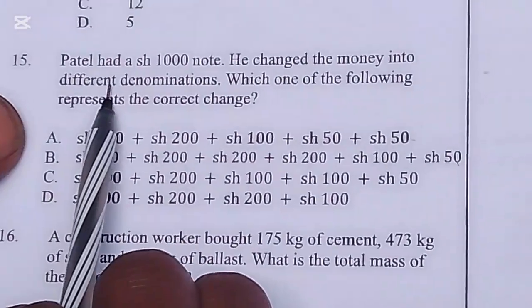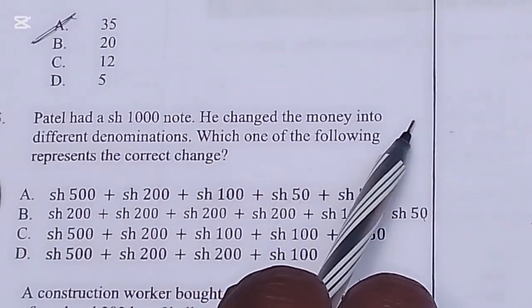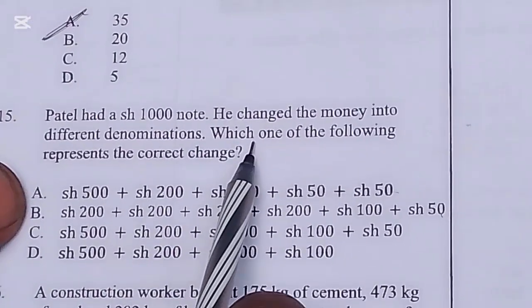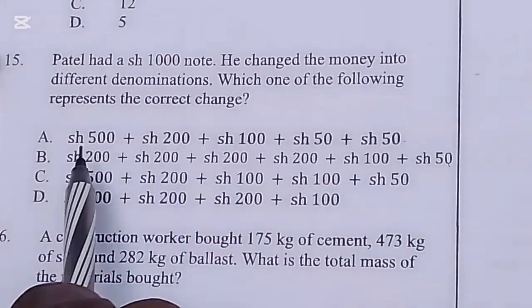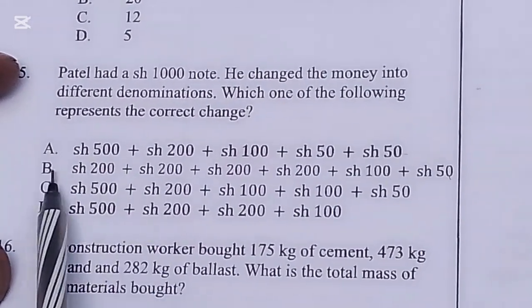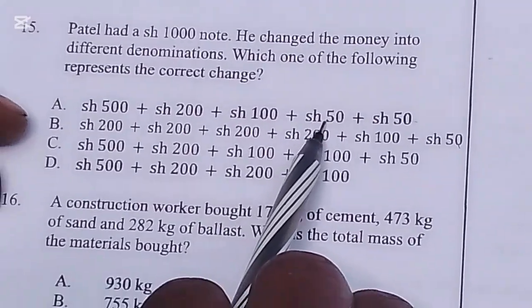Number 15. Patel had a 1,000 shillings note. He changed the money into different denominations. Which one of the following represents the correct change? 500, that is A. 500 plus 200 plus 100, that is 800.